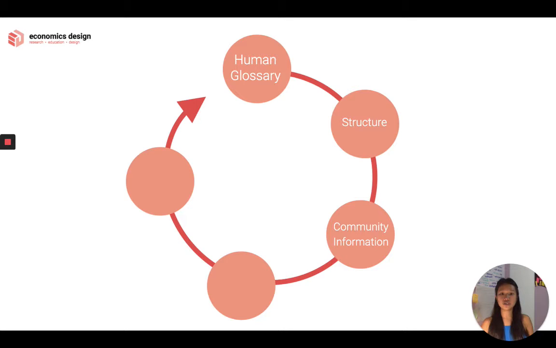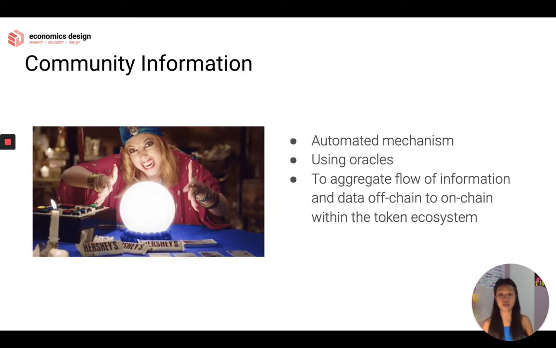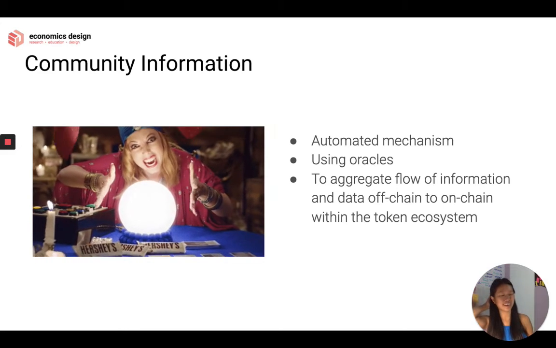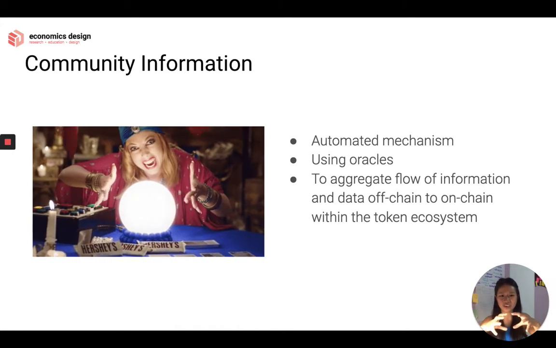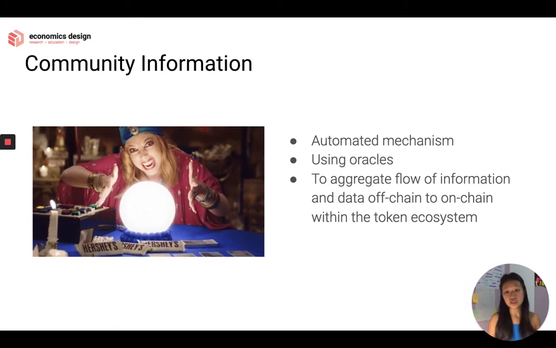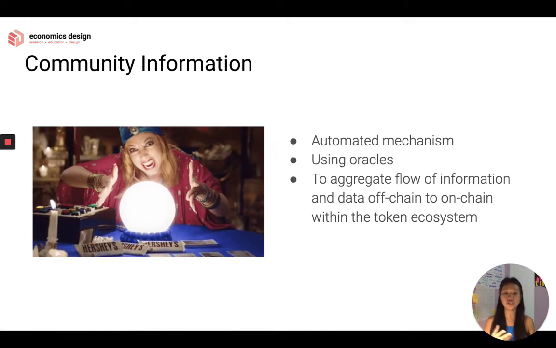Okay, we're going to go deeper into use cases and examples, so that might be more fun. Community information: I told you oracles are like little crystal balls that tell you the future. When I talk about community information, we're looking at automated mechanisms and the use of oracles.